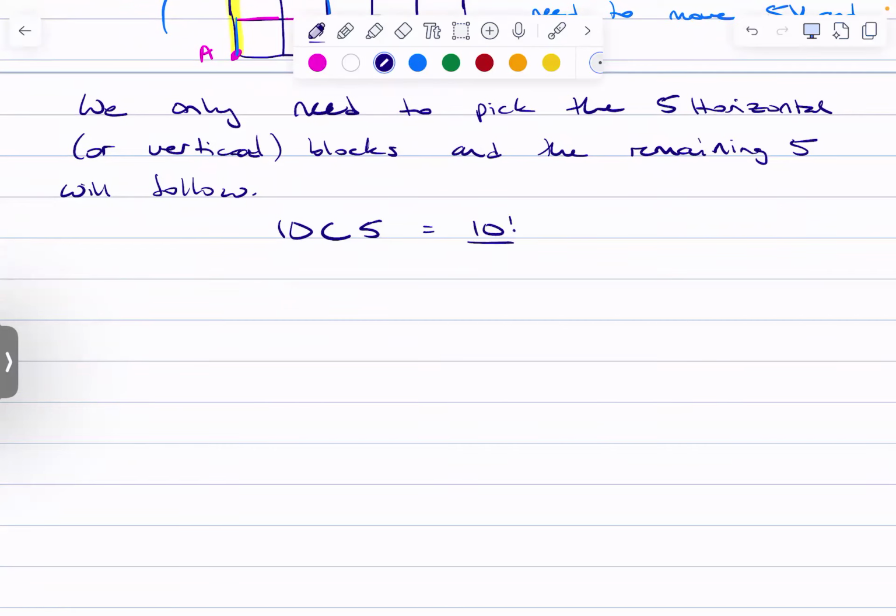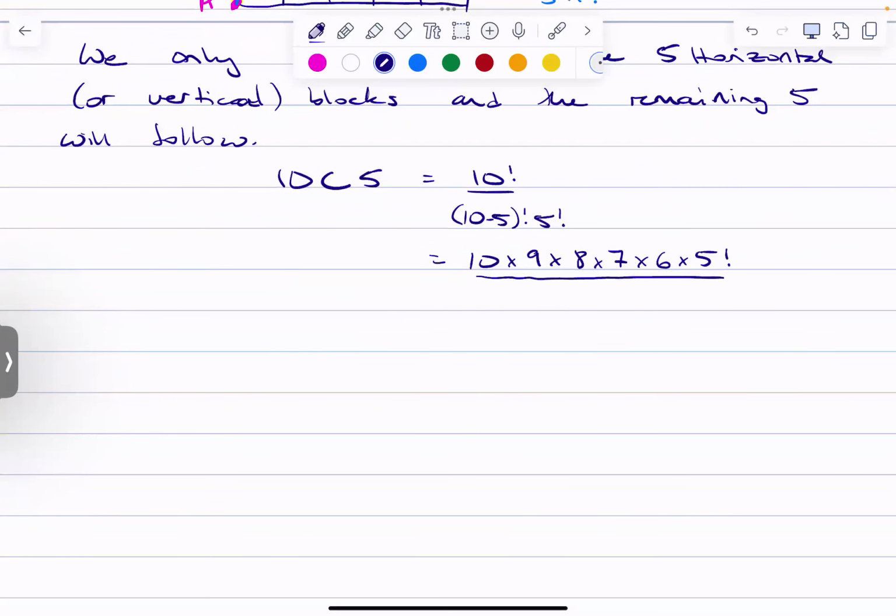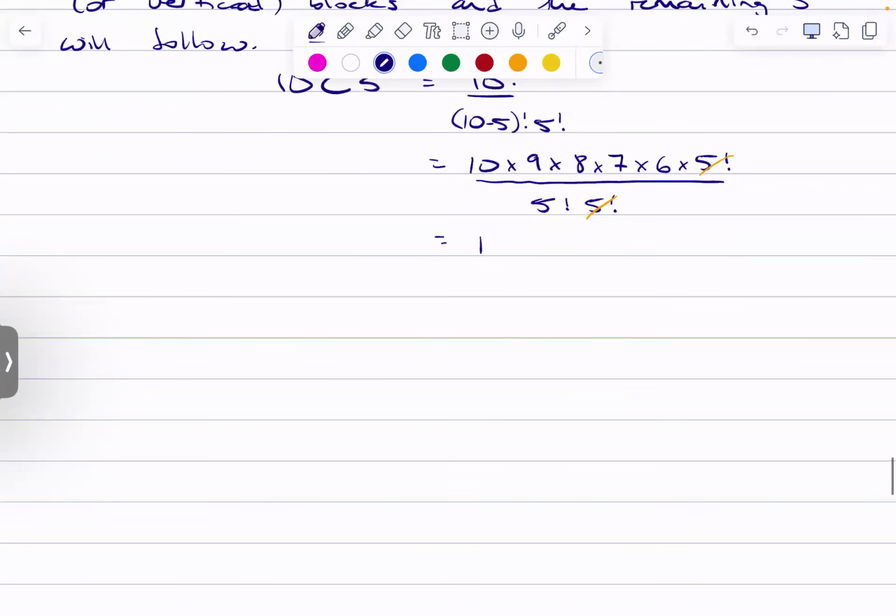It's 10 factorial over 10 minus 5 factorial times 5 factorial. 10 times 9 times 8 times 7 times 6 times 5 factorial, divided by 5 factorial times 5 factorial, which is 5 times 4 times 3 times 2 times 1.